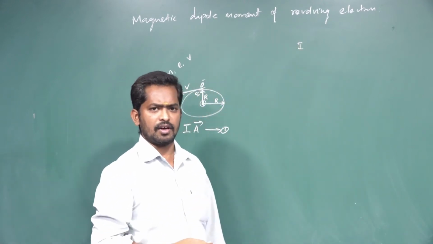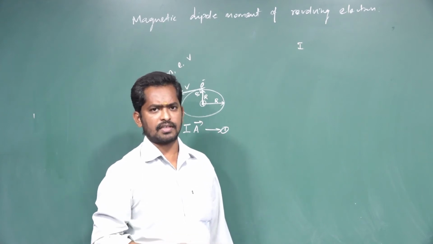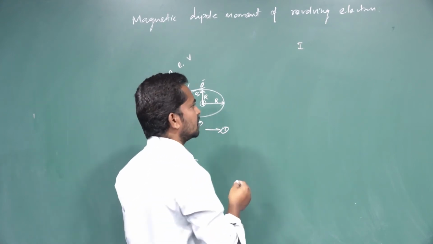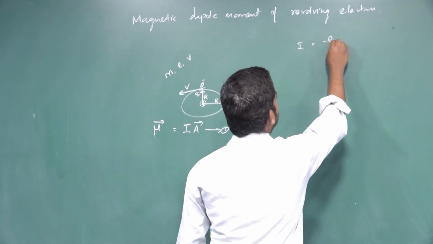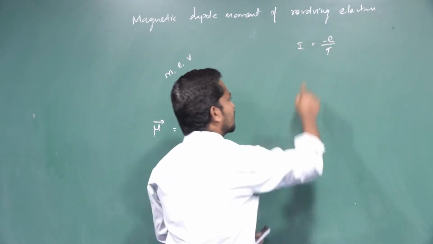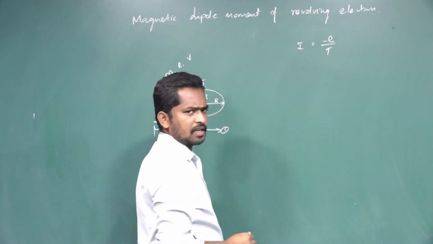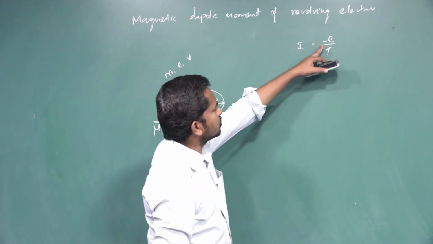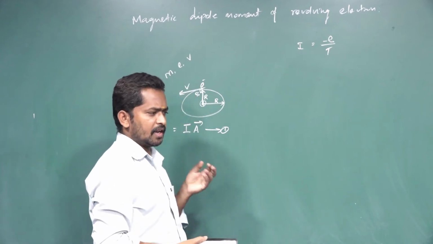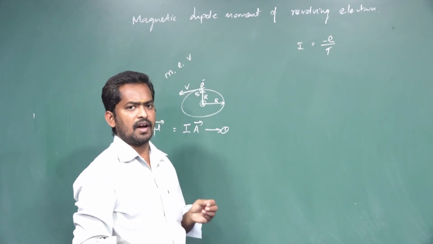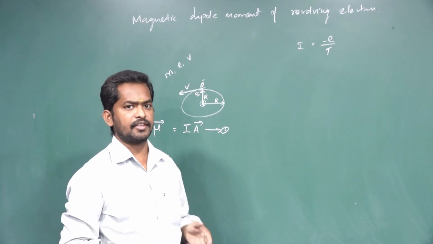Define current: the rate of flow of charge in a particular cross section is called electric current. It is very important. I is equal to minus e divided by T. The negative sign indicates the direction of flow of charge. The direction of electric current is opposite to the direction of flow of electrons.